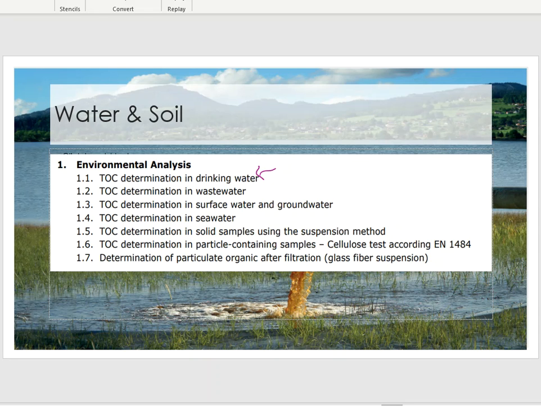So they're going to have to run their drinking water on a TOC analyzer to get a number as just kind of a field goal, right? Or a goalpost. This is a number that we should be below. And if we're over this number, then we need to figure out why we're over that number, and that requires more testing and more different types of equipment. But bottom line, if it's below this value, then we can feel pretty good about it.